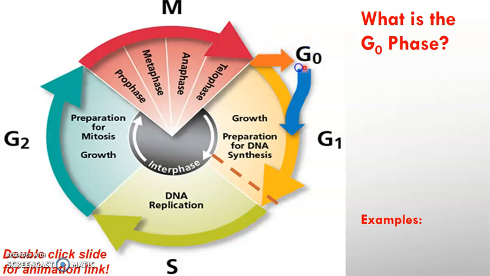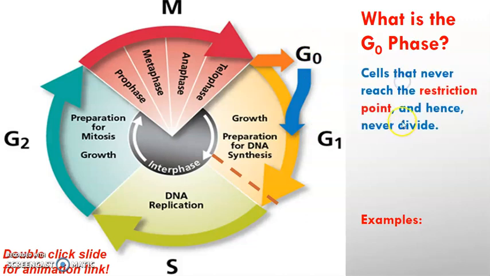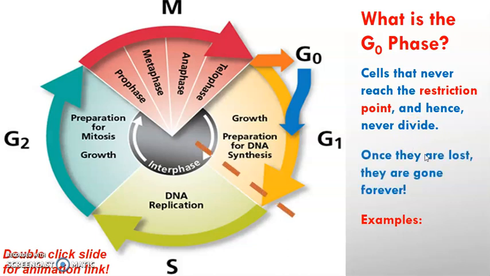Now, if you notice, I have something called G0 over here too. It's kind of like a satellite, kind of like the moon orbiting the Earth, right? But it's orbiting G1. G0 refers to cells that never reach the restriction point and hence never divide. So what that means is if you lose them, they're gone forever.